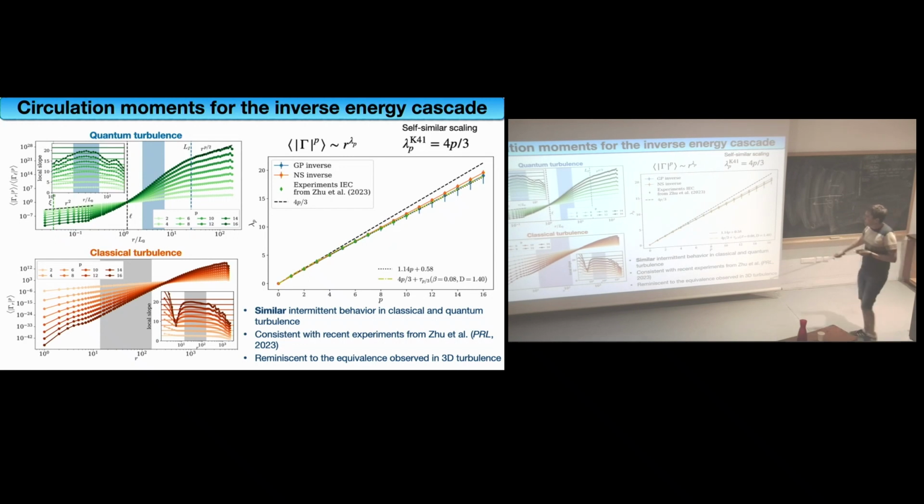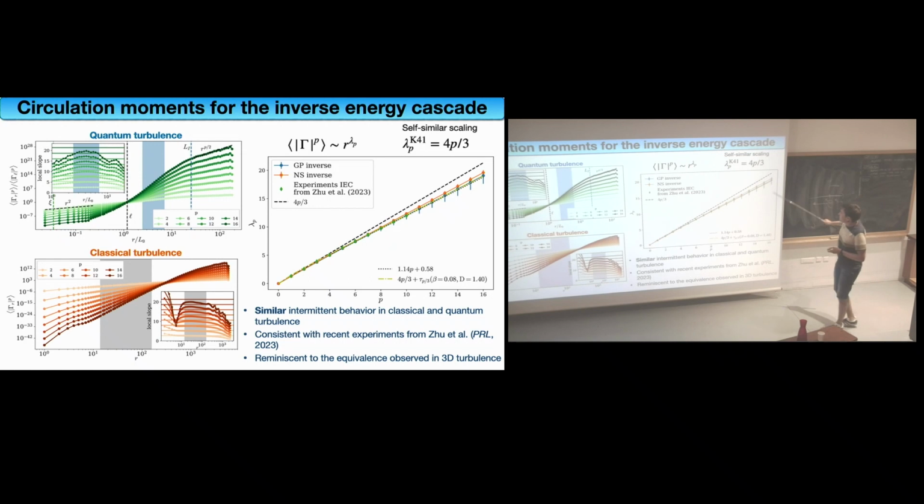And what's also interesting is that last month, I think it was, there were some experiments in two-dimensional and quasi-two-dimensional classical fluids, where they studied the scaling of circulation. They reported these scaling exponents, shown in these green diamonds, that are consistent with our simulations. So in general, classical and quantum turbulence, both in numerical simulations and experiments, are consistent with each other, and they are intermittent.